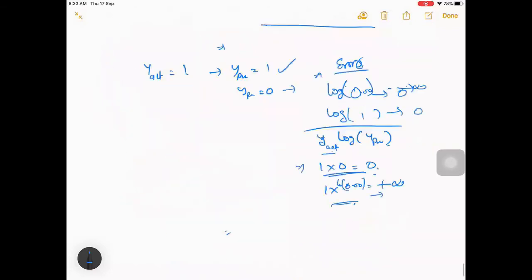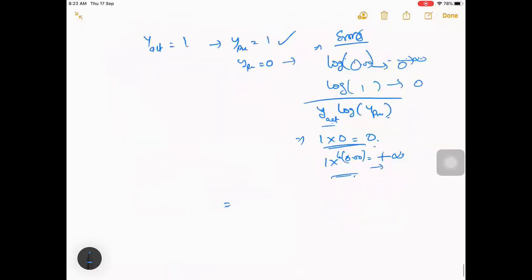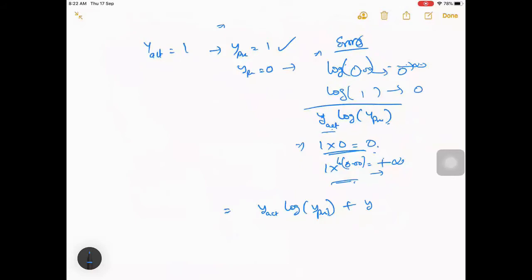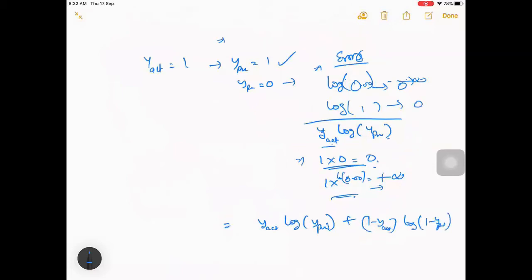So the actual error function will change like this: y actual log y prediction plus, when actual is 0, in a different case, 1 minus y actual into log of 1 minus y prediction. It's just the opposite way of this. This is what we will be writing as the error function.